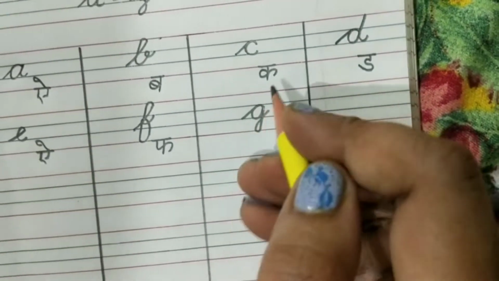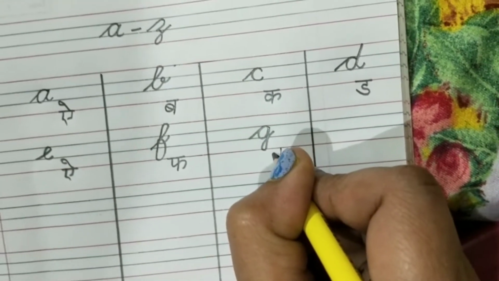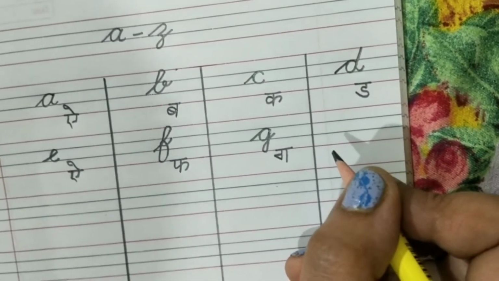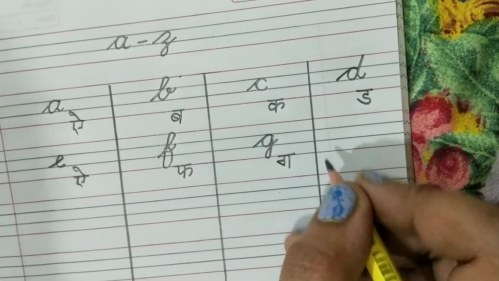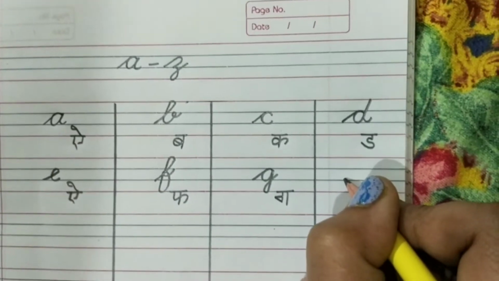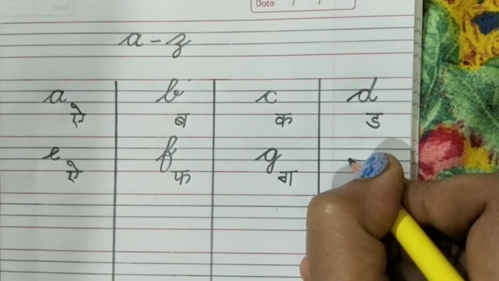G says G. G grapes, G gun, G goat. G says G.